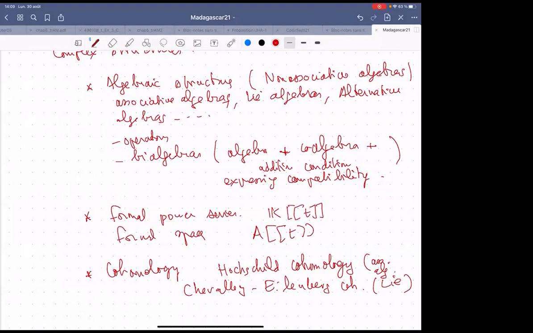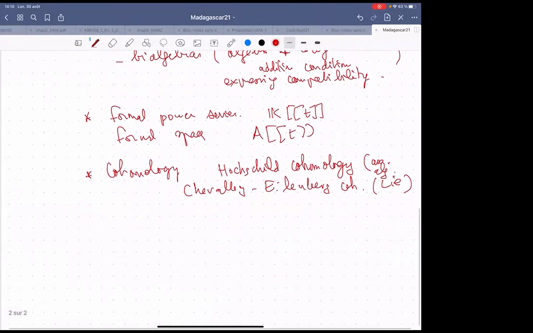And now maybe let me just give you some motivations. As usual in algebra, we try to get some motivation from physics, and this is the case here. In physics, what are the main concepts?